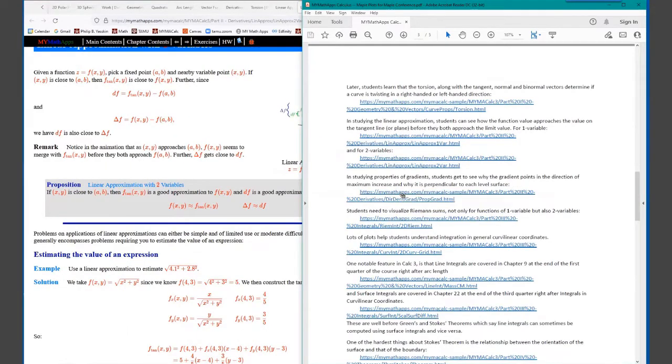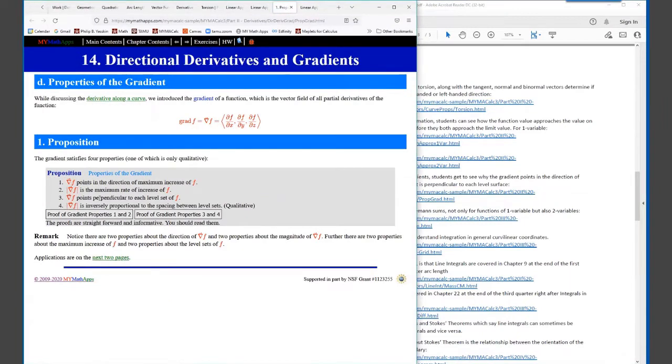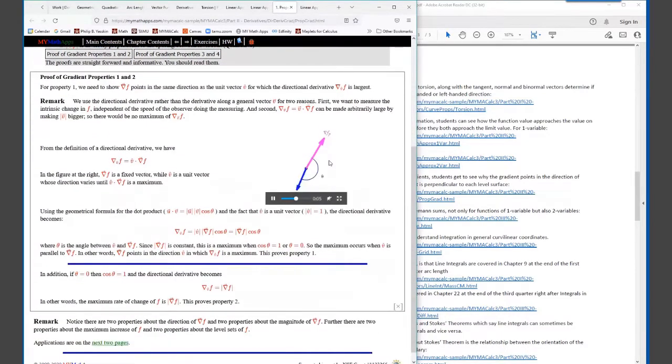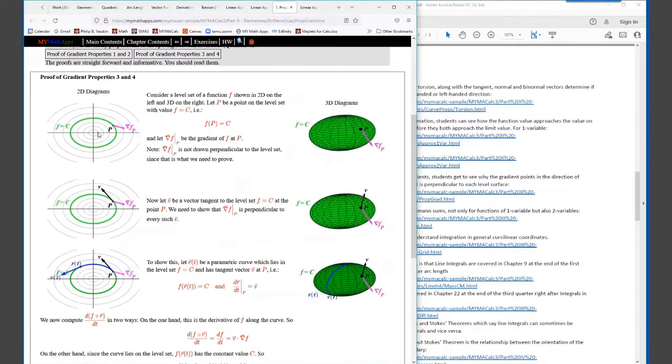In studying properties of gradients, the students need to understand the main properties. And so there are graphics to help them understand why the gradient is the direction of maximum increase of the function. And there are animations which help them see that the gradient is supposed to be perpendicular to each level set, both in 2 dimensions and 3 dimensions.